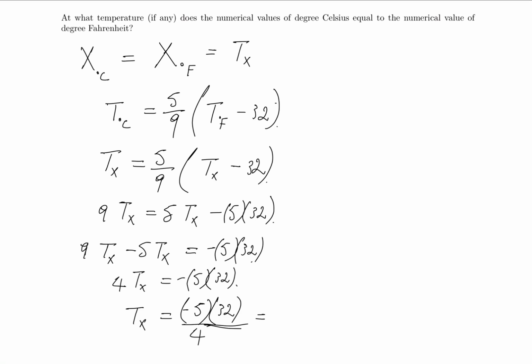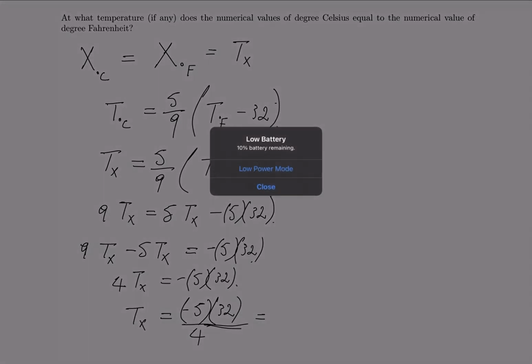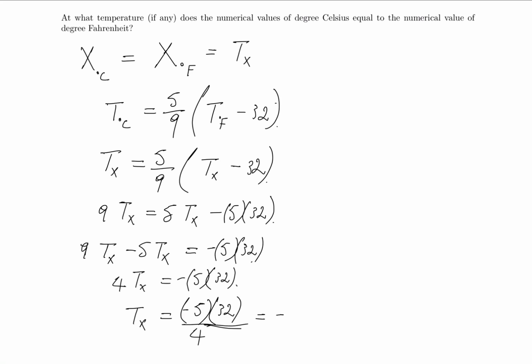And I believe if we were to punch out the numbers here, what we would find is that the actual value will be minus 40. So there is a point where the value of the temperature in degrees Celsius is exactly the same as the value in degrees Fahrenheit. And we have uncovered that point exactly to be minus 40 degrees.